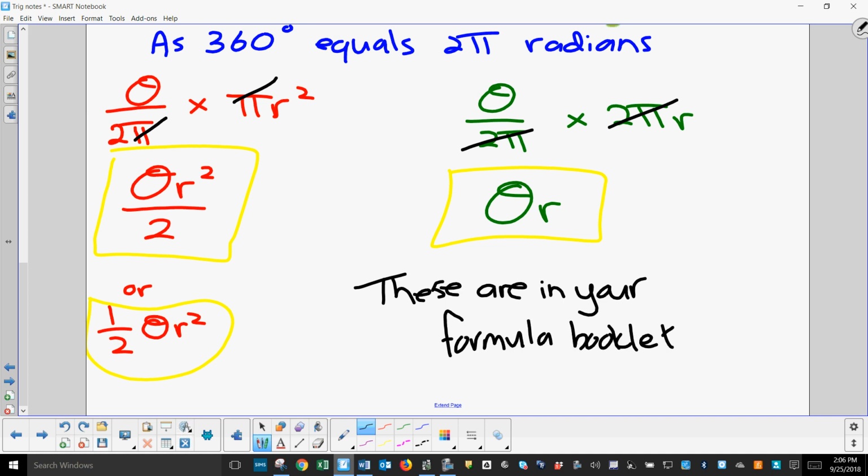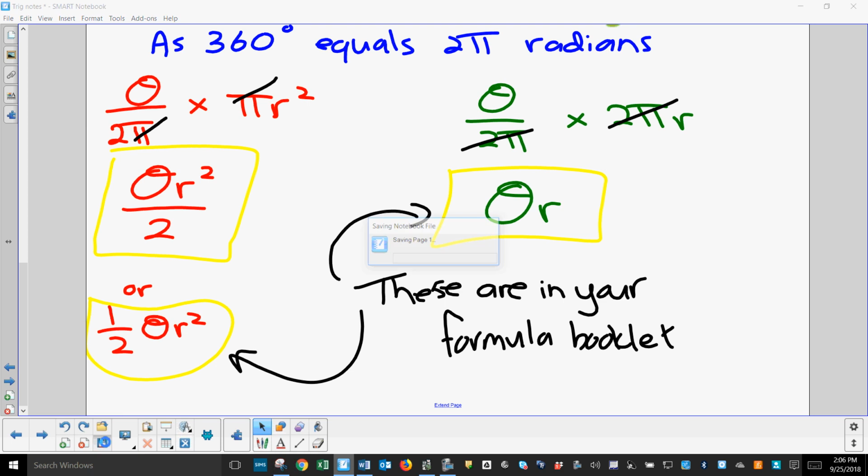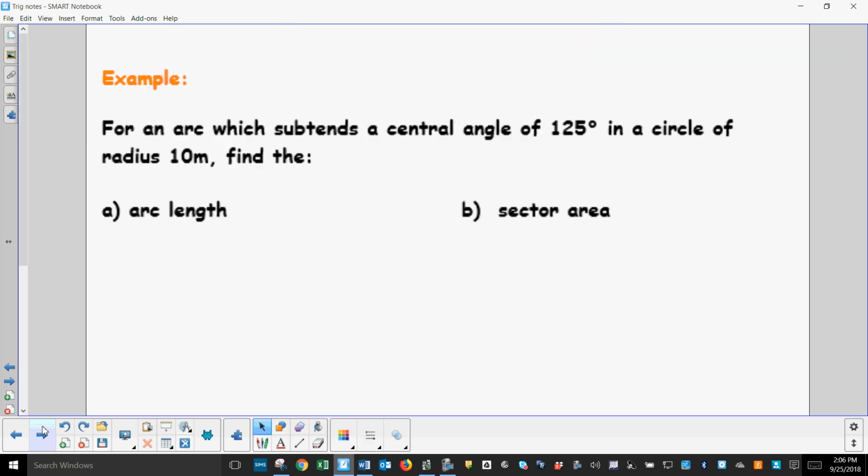Theta r, a beautiful little formula for arc length if you're dealing with radians, and half theta r squared, a beautiful formula for sector area when you're talking about radians.